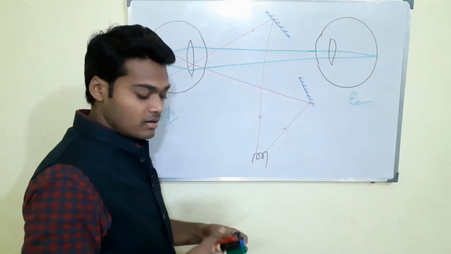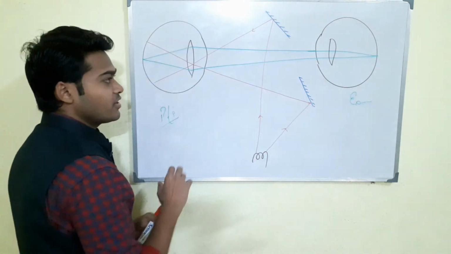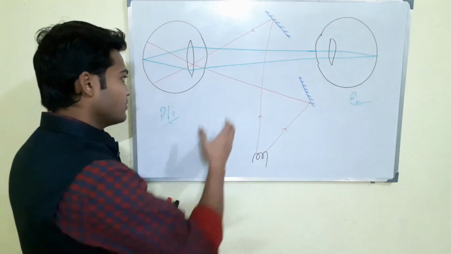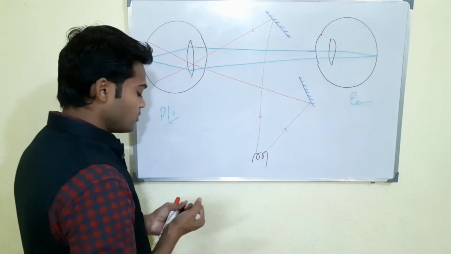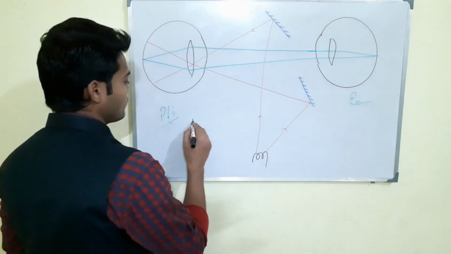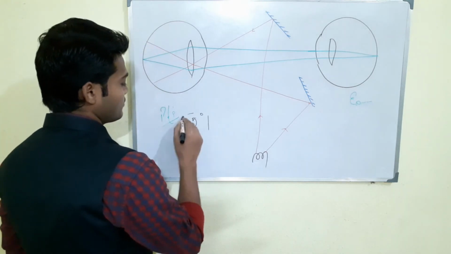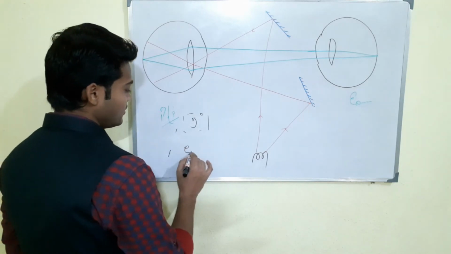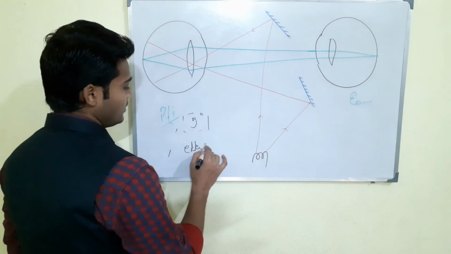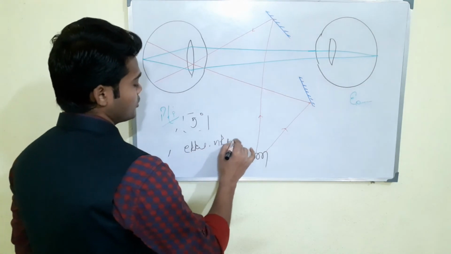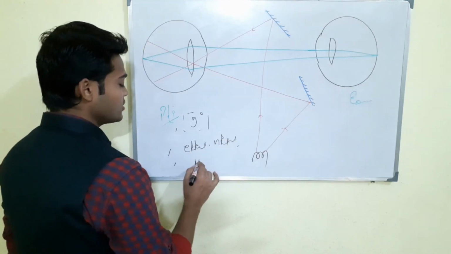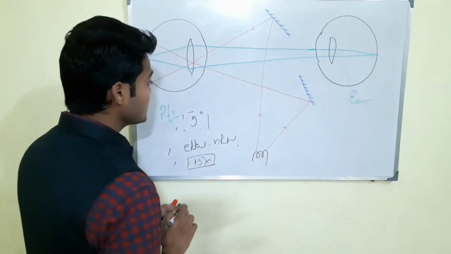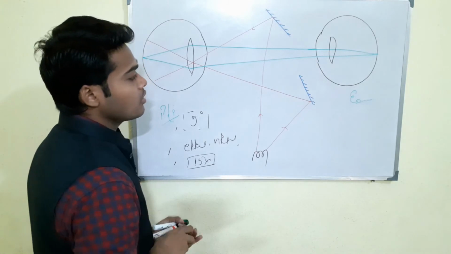Now you can ask what the magnification is, what the illumination is, or how much area we can view. By ophthalmoscope we can view up to 5 degrees of area, and the image is erect and virtual. Magnification is approximately 15x, right? So this is the modern ophthalmoscopy.